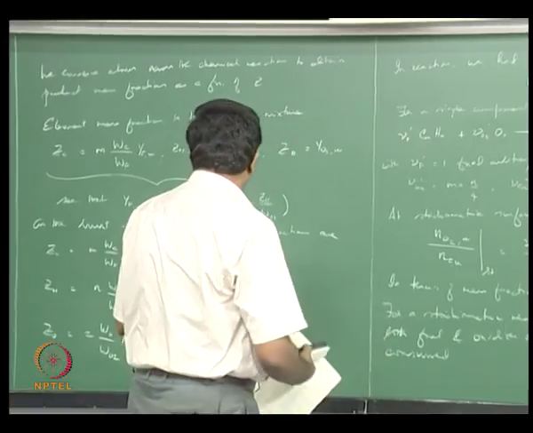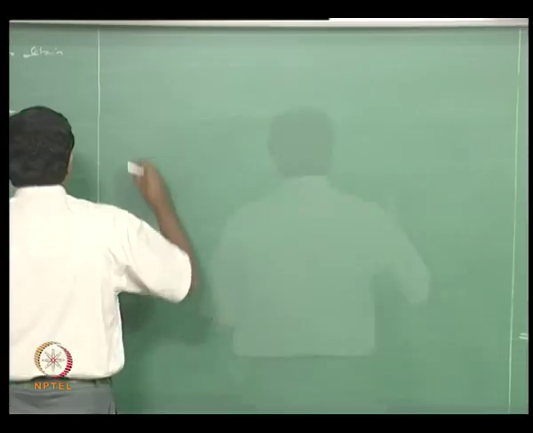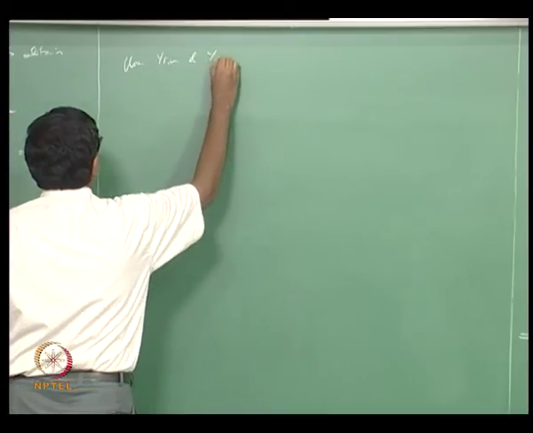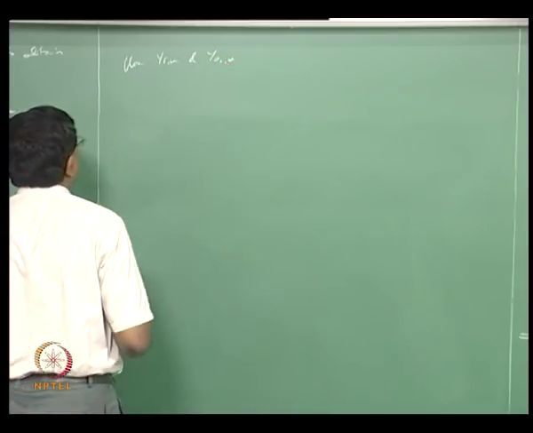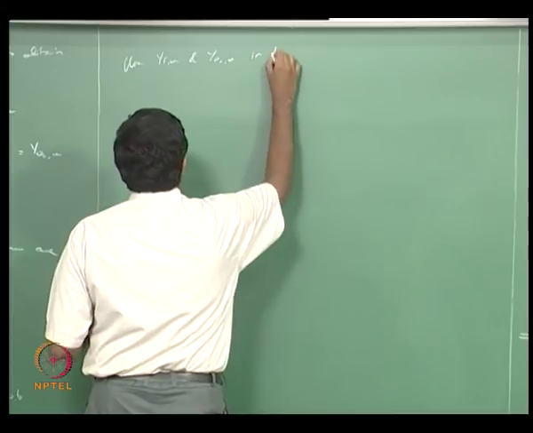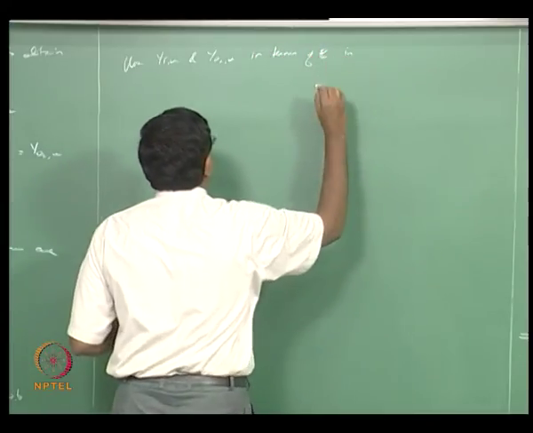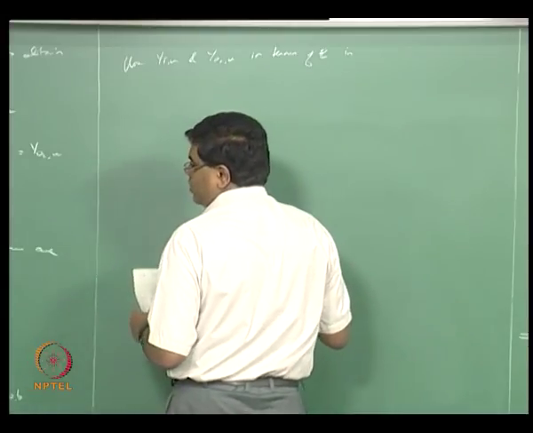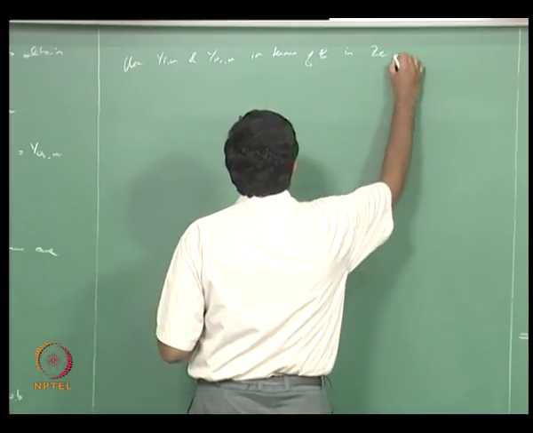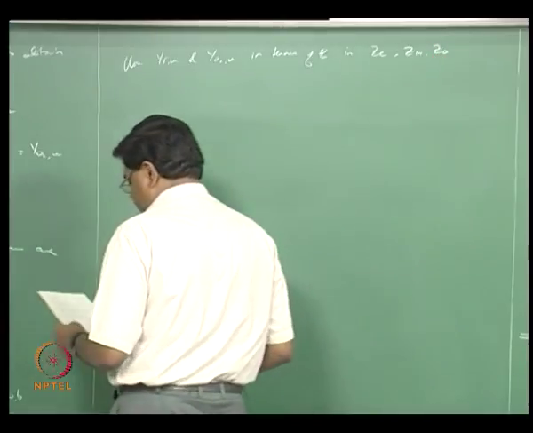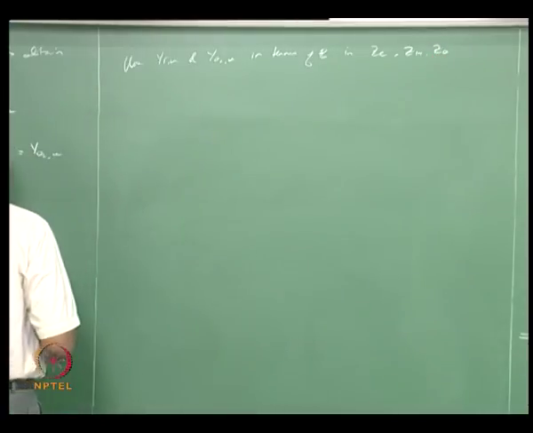So now if you equate these, so use YFU and YO2U in terms of ZC, ZH, ZO, and rewrite, okay.